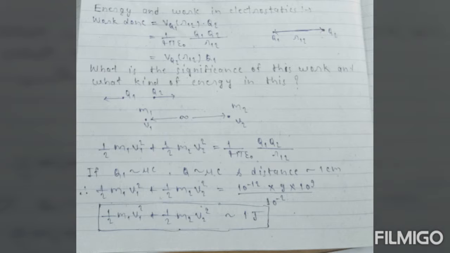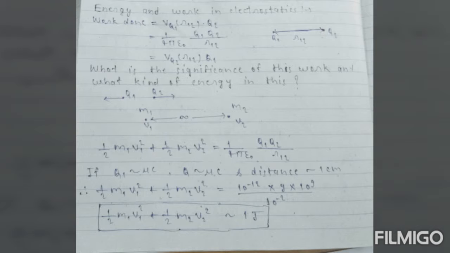Well, since this is energy due to position of charges, it's potential energy, and the significance is that this is the amount of work that we have done in assembling these charges. Therefore, if I leave Q1 and Q2 by themselves, if they are the same charges, they will repel from each other and start rushing away, finally reaching infinite distance with speed v2 and v1.